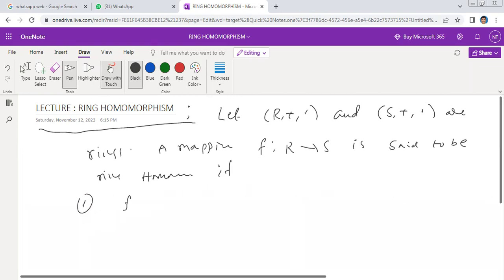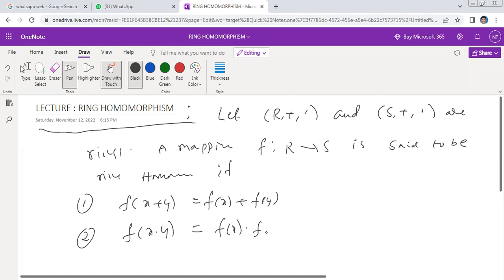One is f of x plus y is equal to f of x plus f of y, under addition. Under multiplication, f of xy is equal to f of x into f of y, for every x, y in the domain R.